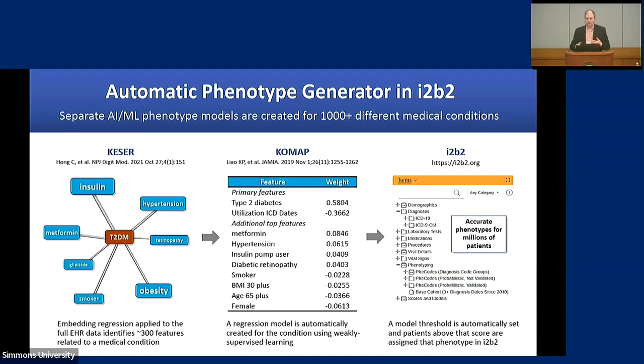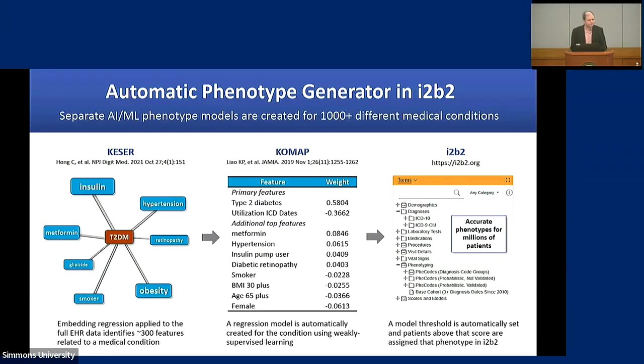The work that clinicians do on a day-to-day basis to add ICD-9 code, 10 codes to patients' charts, that's the data that's feeding into it. You don't need any additional manual effort to be able to code or annotate and train these models. So as I'll show you the counts from different institutions, this is really scalable in a way that's very different than how people think about phenotype creation.